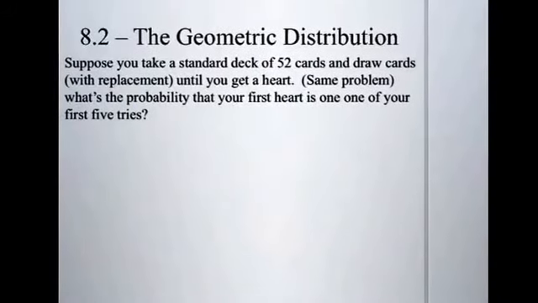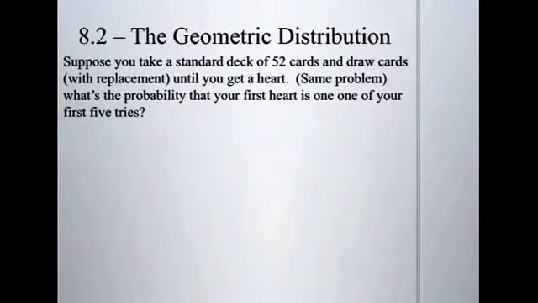Using the same example, so we have still a deck of cards, and we're drawing until we get a heart. What is the probability that the first heart is on one of your first 5 tries? On one of your first 5 tries is also saying the probability that x is less than or equal to 5.